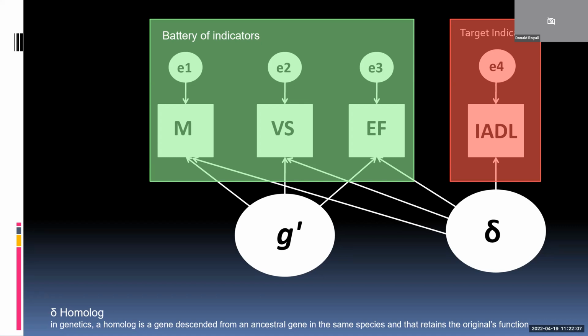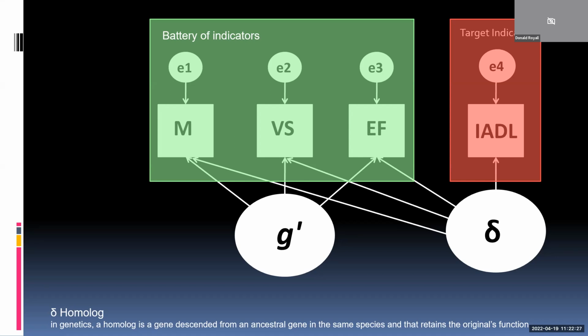And in fact, empirically, a lot of D homologs have been published from a wide range of cognitive measures. I kept running into reviewers who would say, well, what exactly are the measures you need to build D? And the answer to that is any. It really doesn't matter. It's whatever you have available, whatever is convenient for you to use.